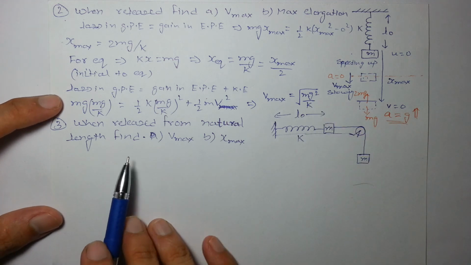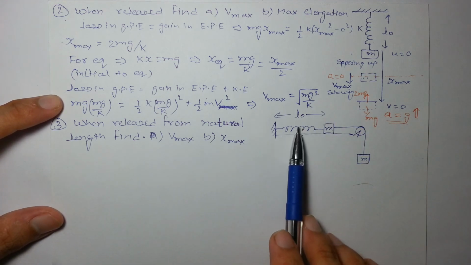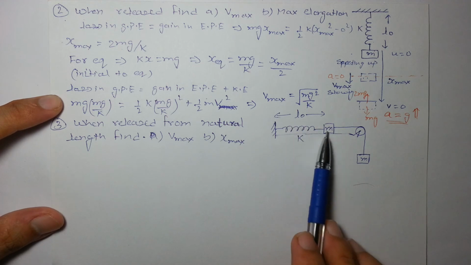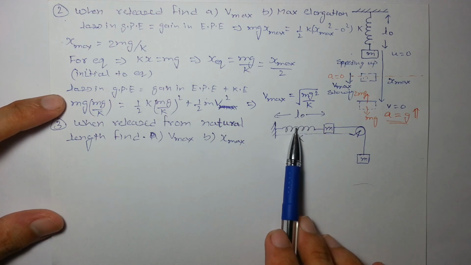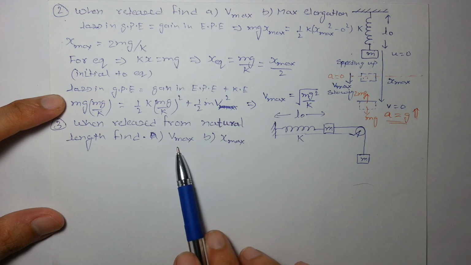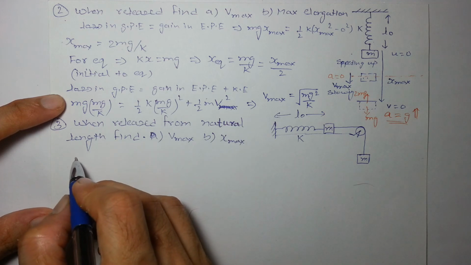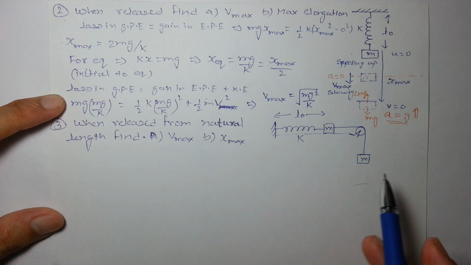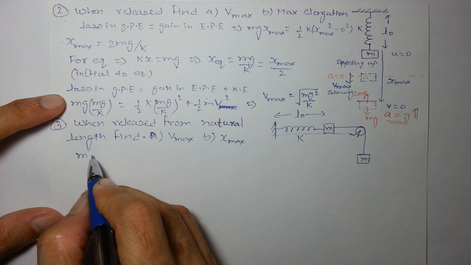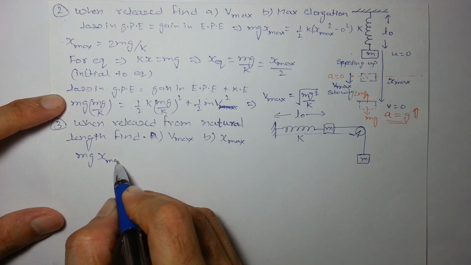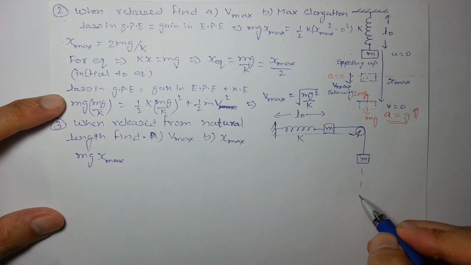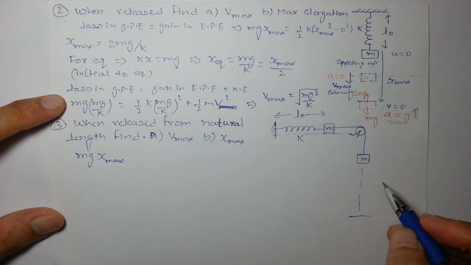In the next problem, again a similar problem is there. When the system is released from the natural length of the spring, we have to find maximum velocity and x max. For x max, simply convert loss in GP of this to gain in EP of the spring. So mg x max, let's say it falls by x max and stops.